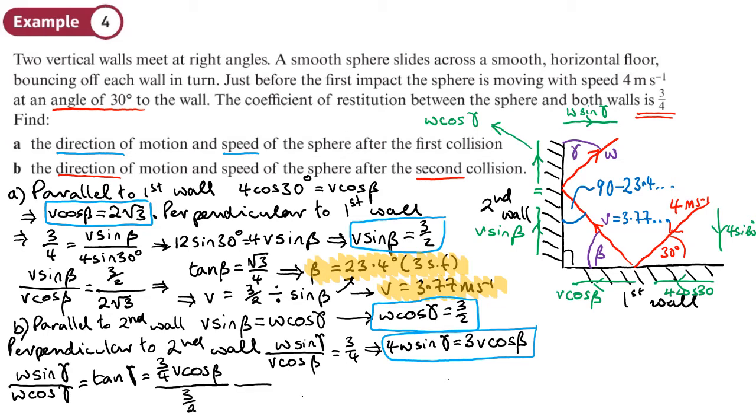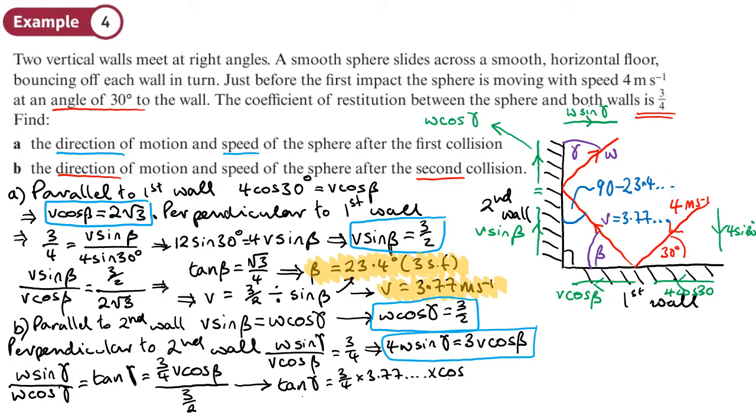So I want to try and be as exact as possible. So the top part, that tan gamma, that'd be 3/4 times V. Now V was 3.77..., times cos beta.